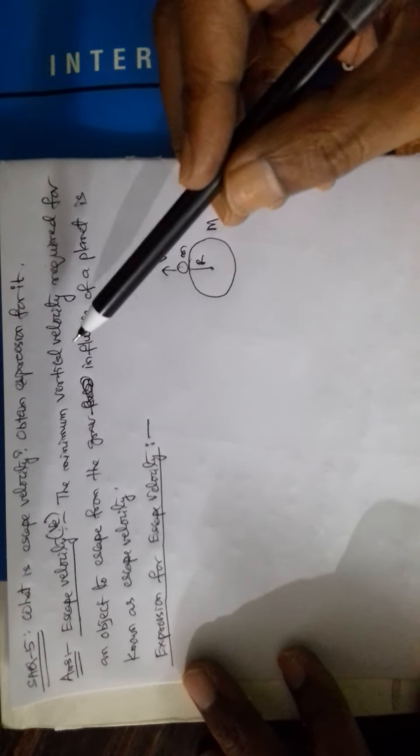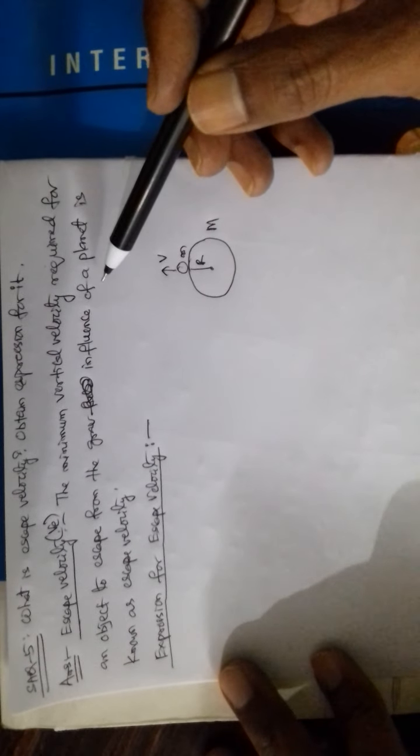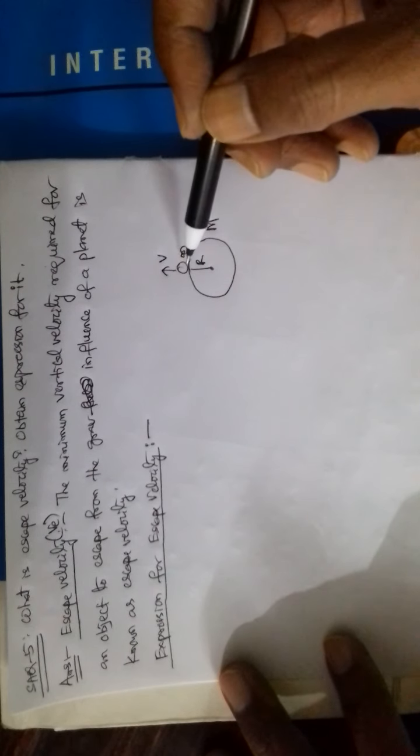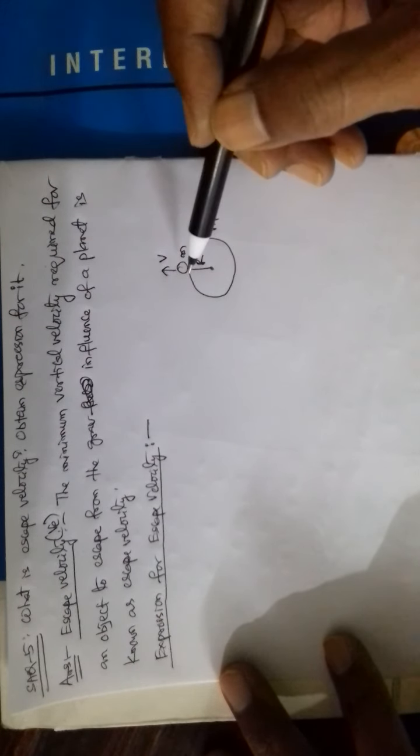What is escape velocity? Obtain an expression for it. The minimum vertical velocity required for the object to escape from the gravitational influence of a planet is known as escape velocity. Suppose you throw a ball upward with some velocity, it will travel vertically to some distance and afterwards come down.